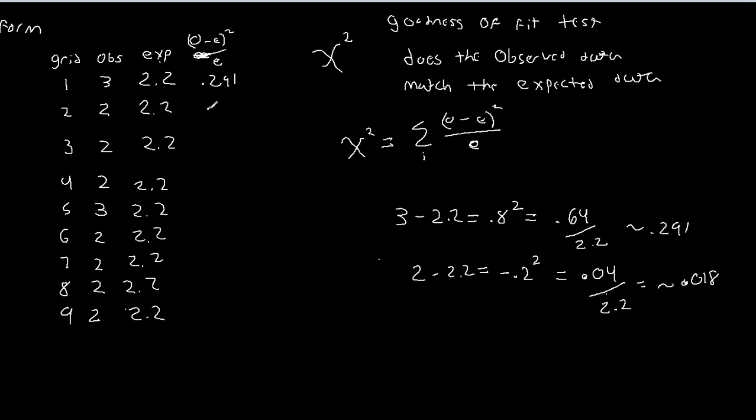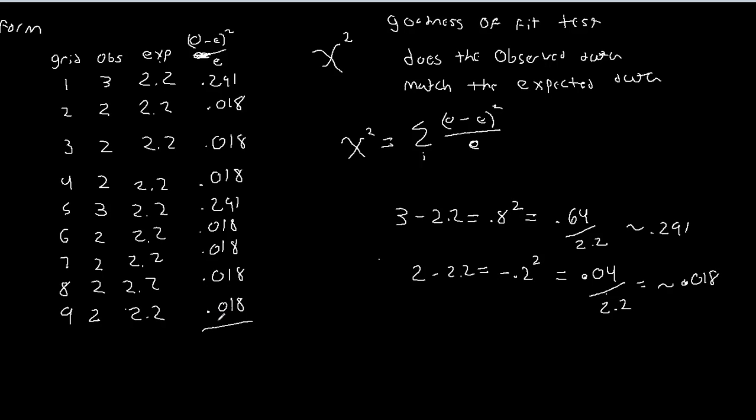All right, so this is going to be 0.018, 0.018, 0.018. The 3 again is going to be 0.291, then 0.018 and 0.018. Okay. So then this means we have to add all these together, so we're going to sum that.